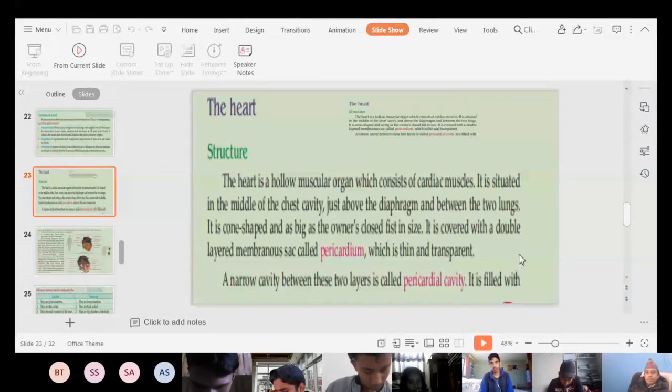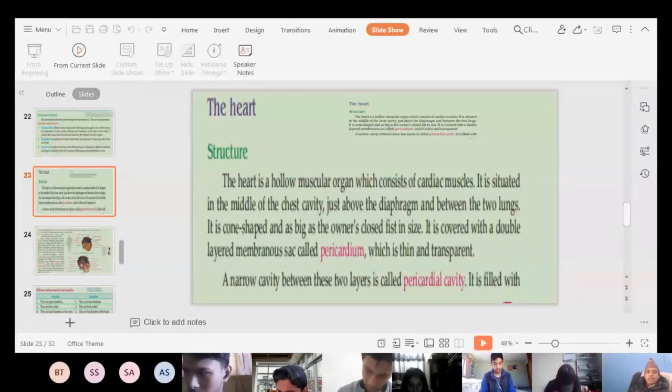The function of pericardial fluid is it allows frictionless movement of the heart. The heart can move without any friction. Number second, it protects the heart from mechanical injury and shocks. Two functions. One is frictionless movement. Next one is protection from mechanical injury and shocks.